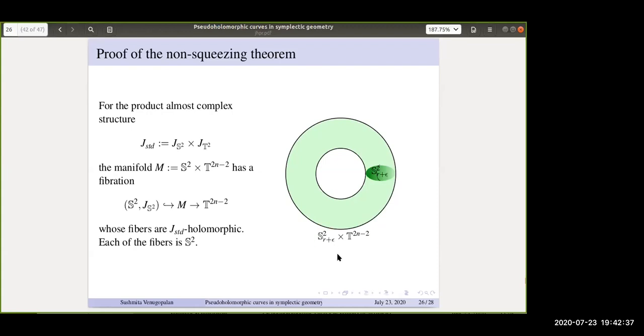One of the factors is an S2, so the product factors and the fibers are S2. This is a trivial fibration. And the S2s, because of our choice of almost complex structure, are holomorphic under this standard J. So any questions about this picture?